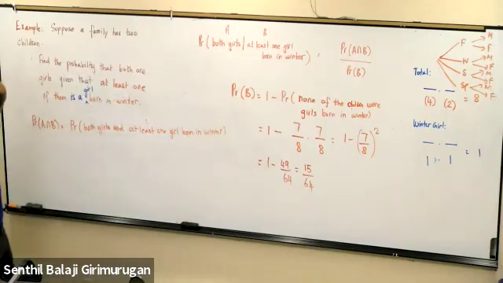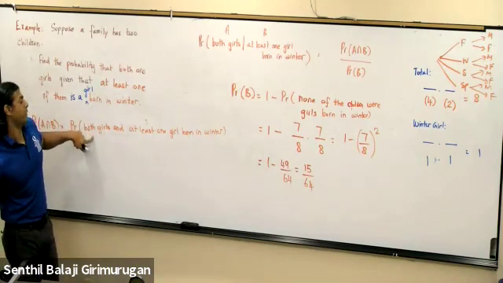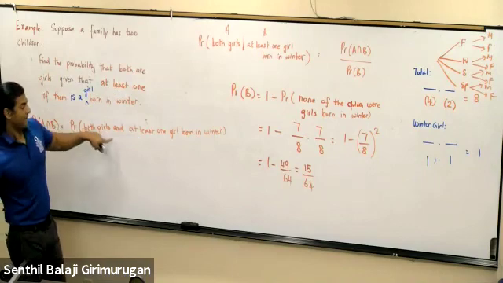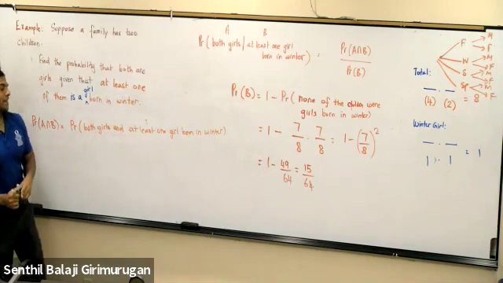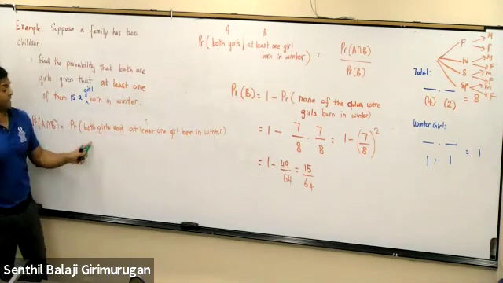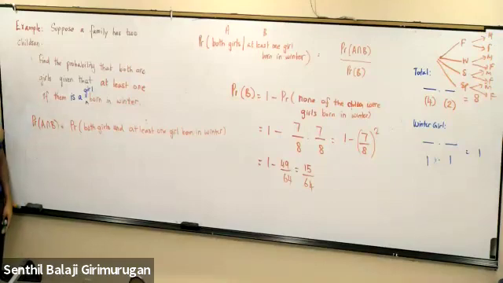So since we have both of them to be girls, we are given that the gender of both of them are girls. And at least one girl is born in winter would make that particular event independent of this event because of the assumption that the gender would be independent of the season.